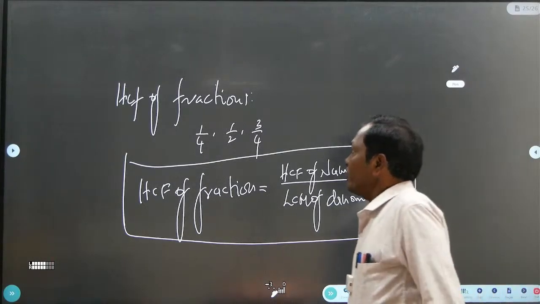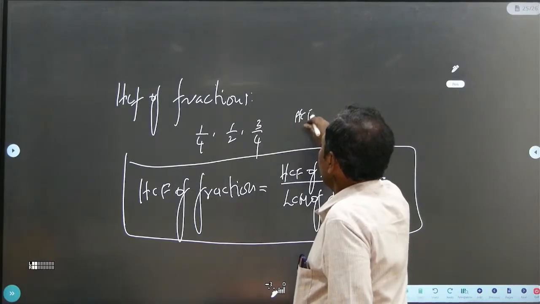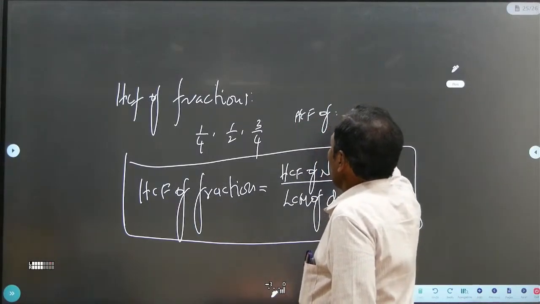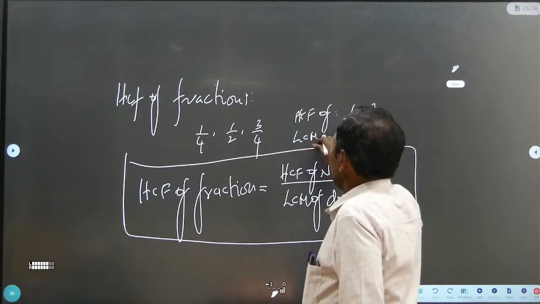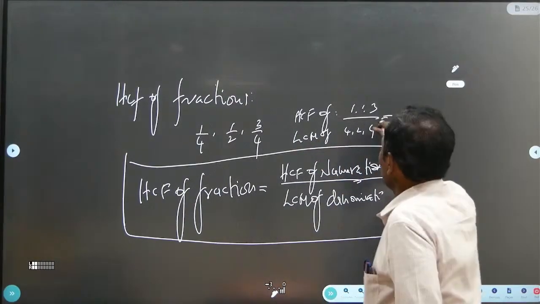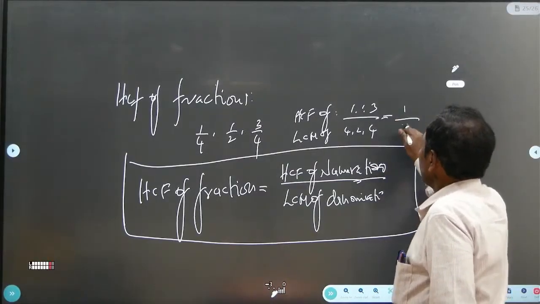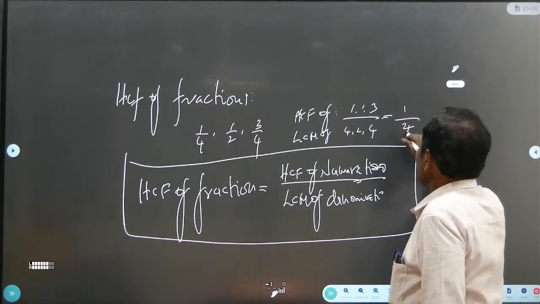Right. HCF of numerators. So HCF of 1, 1, 3 by LCM of 4, 2, 4. This is 1.